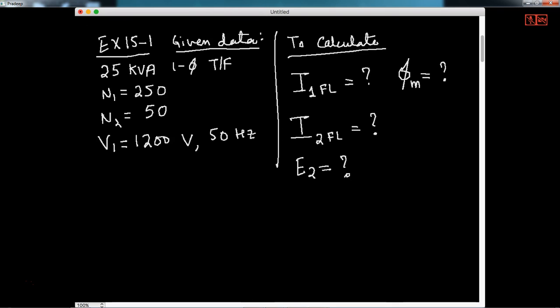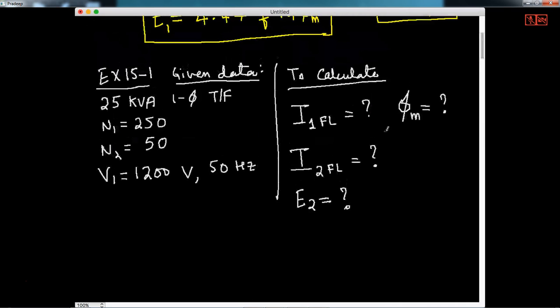Please work out the solution and type your answer. For your convenience, I am also showing the EMF equation on screen.